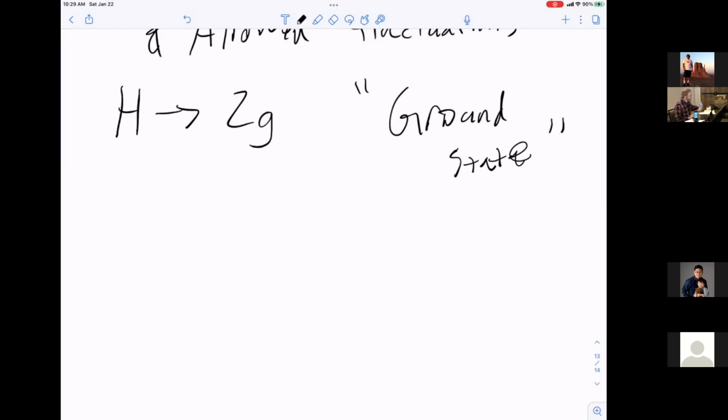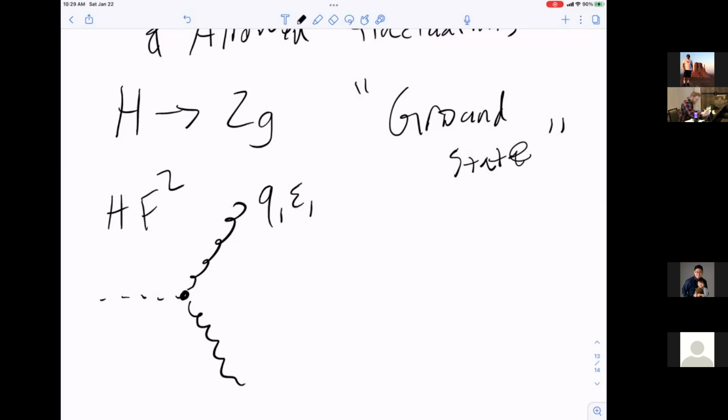Now, I can go and, this is going to be mediated by some operator that looks like HF squared. Dot, dot, dot. Here's my Feynman diagram. I'm going to scatter to these states with some particular polarization and some momentum, Q1, Q2.